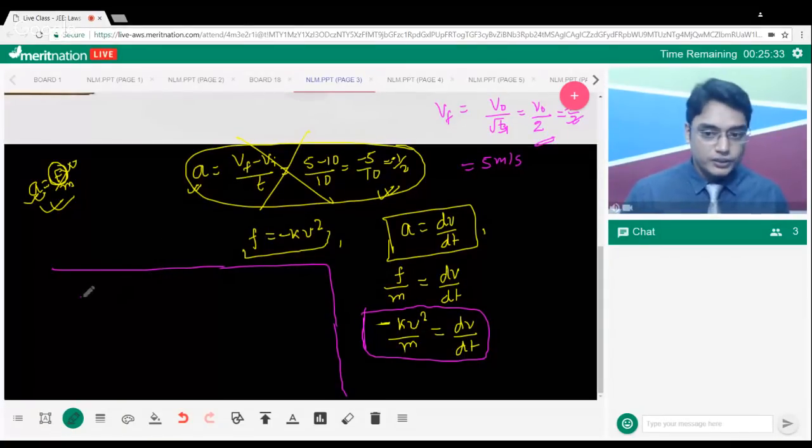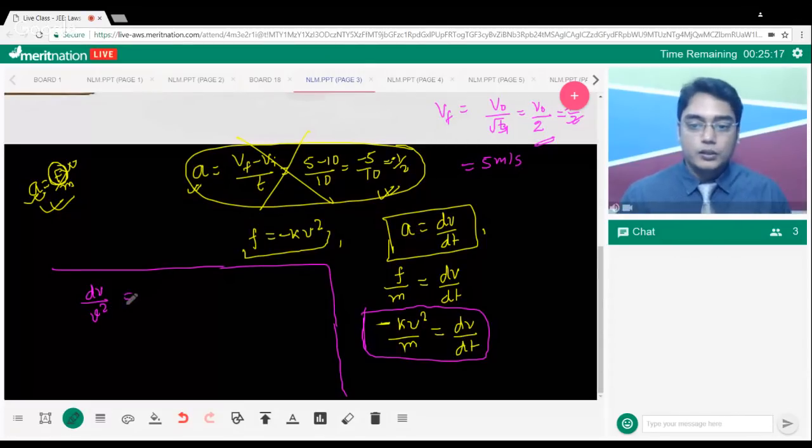So see here, minus k v square, I'm rearranging actually. So you can say this is dv upon v square. Dv upon v square is equal to, that is F equal to minus kv square, that is given in the question. We are not knowing that thing, it is already given in the question.